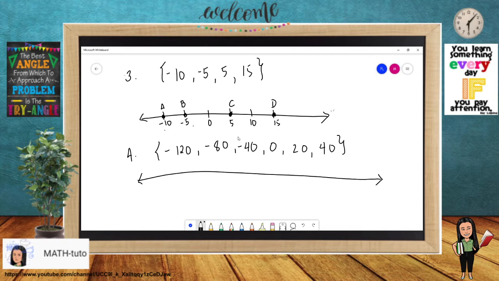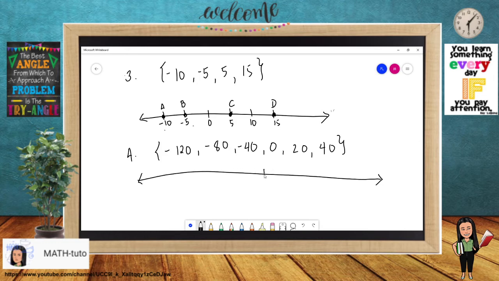Since we are the one setting our interval, we can change it depending on the given. But since we have here negative 120, negative 80, negative 40, we can just use 40 as our interval.